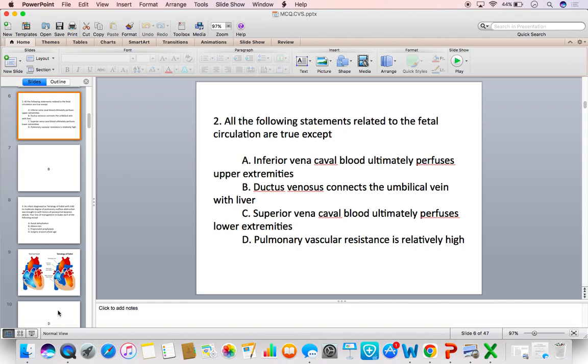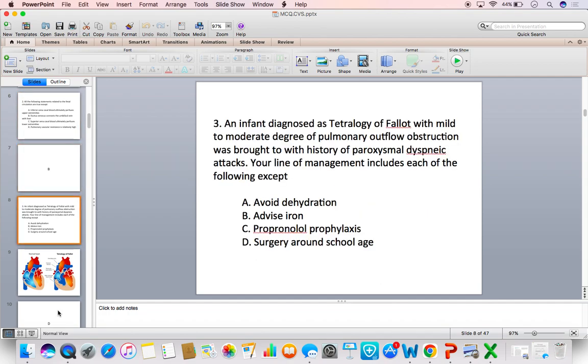So the rest of the statements are right except option B. So option B is the right answer. The third question. An infant diagnosed with tetralogy with mild to moderate degree of pulmonary outflow obstruction comes to you with paroxysmal dyspneic attack.